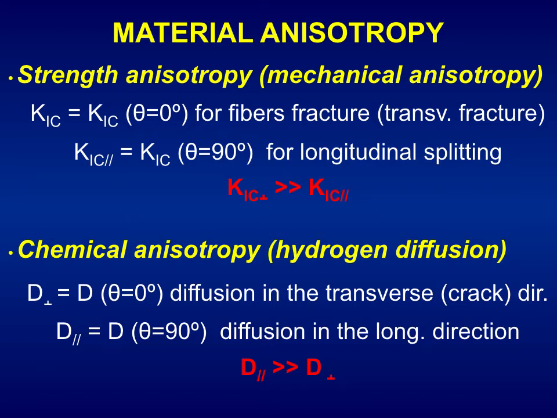And we have D parallel in 90-degree direction for a deflection angle of 90 degrees, a direction perpendicular to the initial fatigue crack. We have diffusion in the longitudinal direction. Then diffusion D parallel is quite higher than diffusion in perpendicular direction. Diffusion is most favorable in the direction of the plates than crossing the plates.